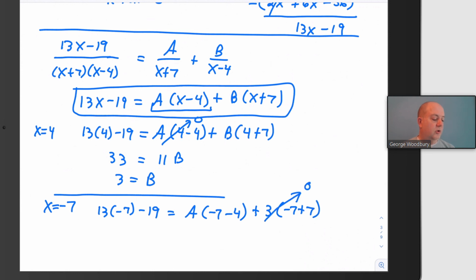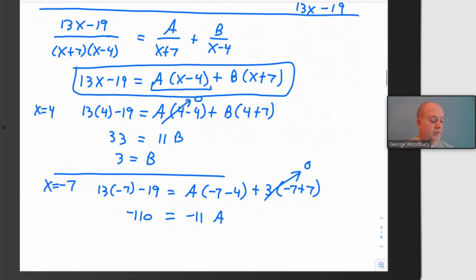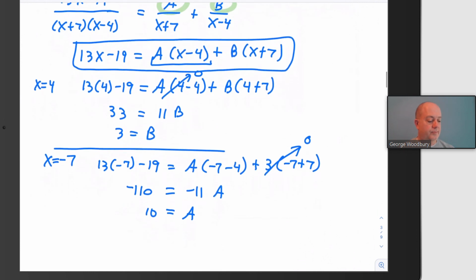That term's going to 0 anyway. On the left side, we have my favorite product, 13 times 7, that's 91. So negative 91 minus 19 is negative 110. On the right-hand side, it's A times negative 11. And when we divide through by negative 11, we get that A is equal to 10. So we have found our values for A and B in the partial fraction decomposition.